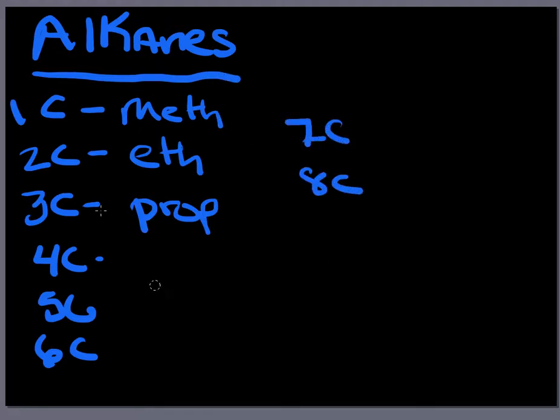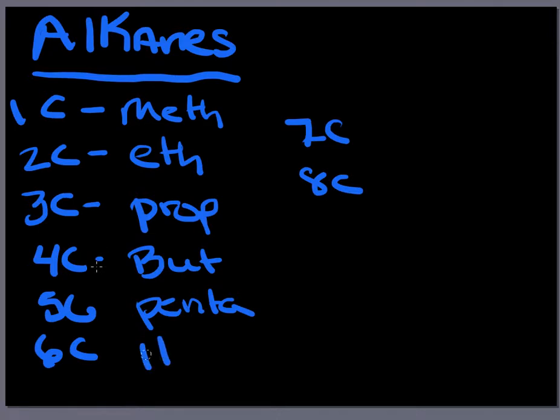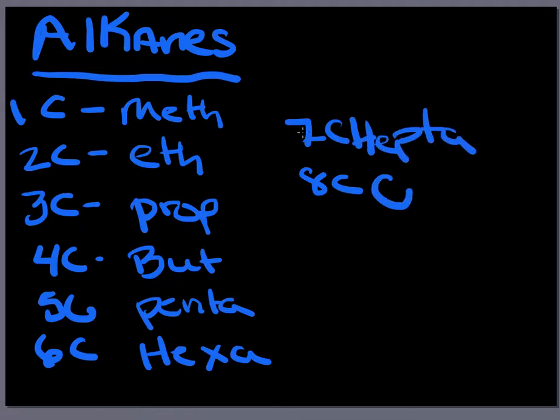That's really as high as we need to go. It's the ones that are going to be most familiar to you anyway. So 4 carbons would be the prefix but. This guy's penta. Now these start to look like geometry words. Hepta over here, and then oct over here.